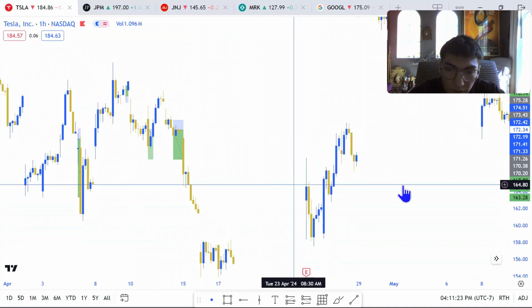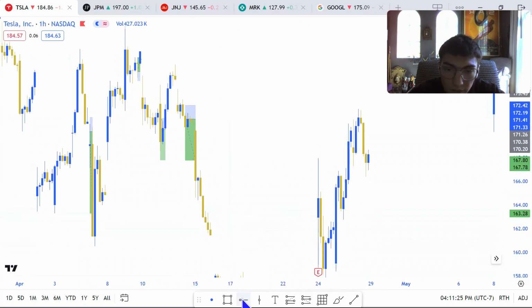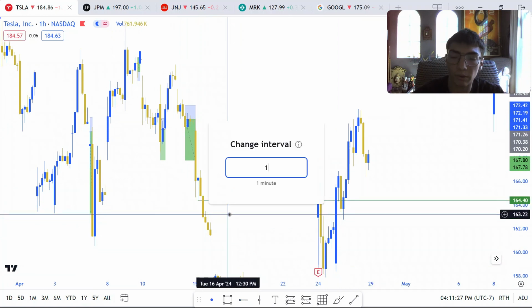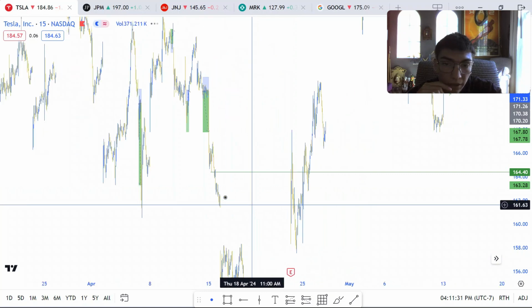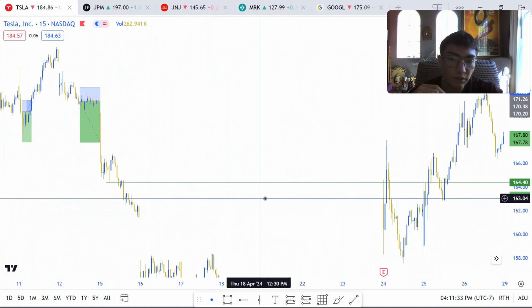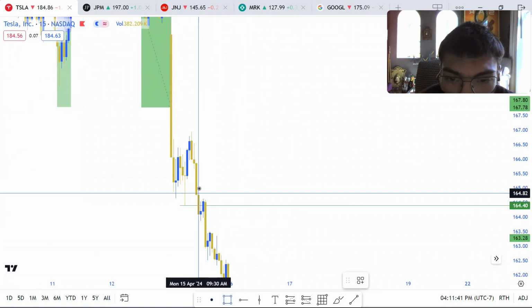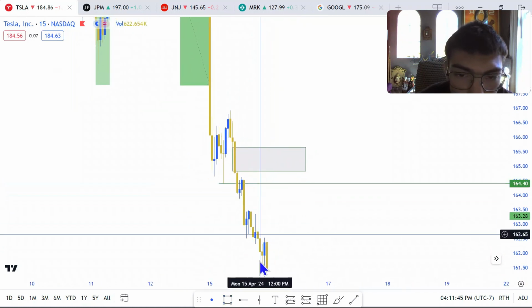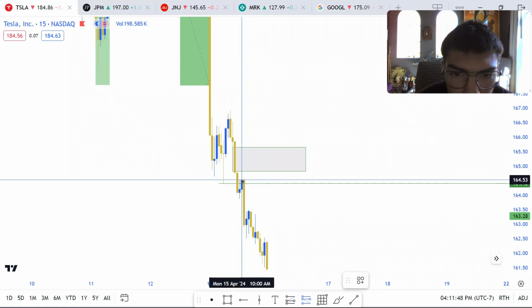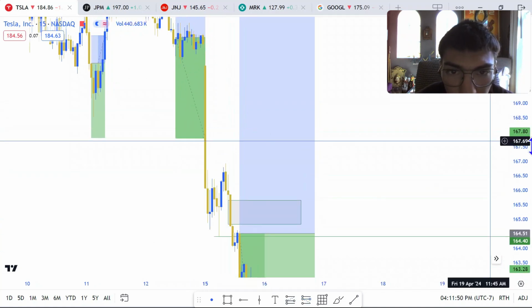Okay, guess what? You saw a 1-hour low, down candle, up candle. We scale into the 15-minute. There is a 15-minute fair value gap. I would have liked to enter there, but we could have gotten 50% when it hit the order block.